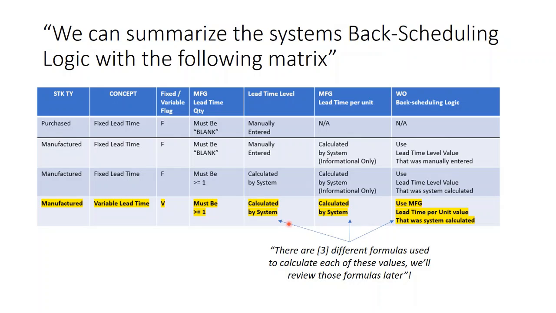Now, there are 3 formulas: one to calculate the lead time level, one for the lead time per unit, and another used to back schedule work orders. We're going to cover each of those formulas in detail later on in this workshop.